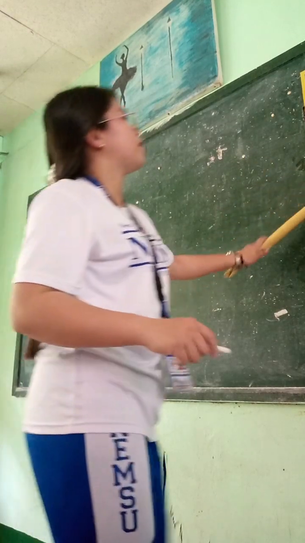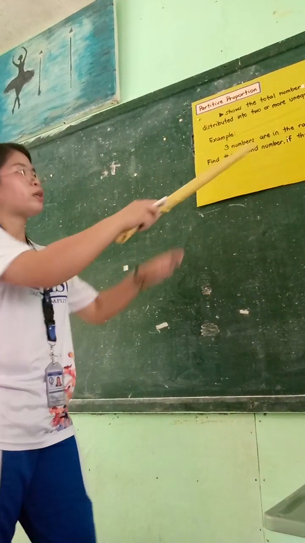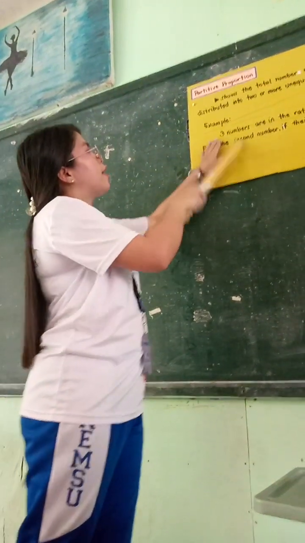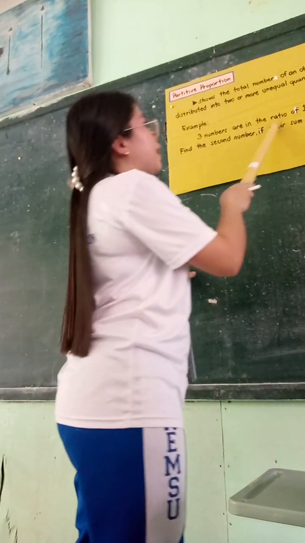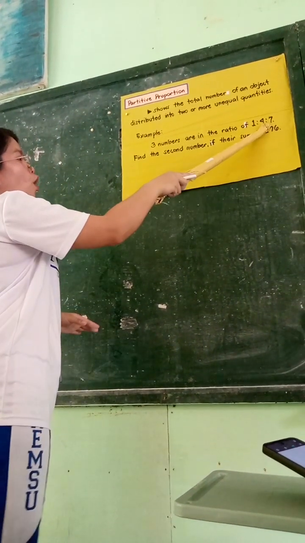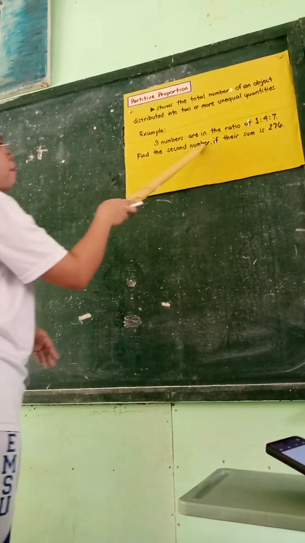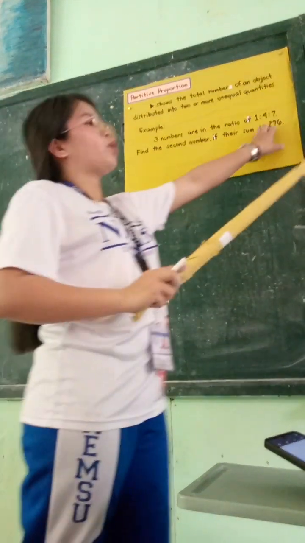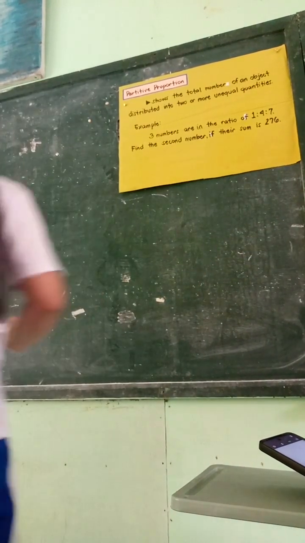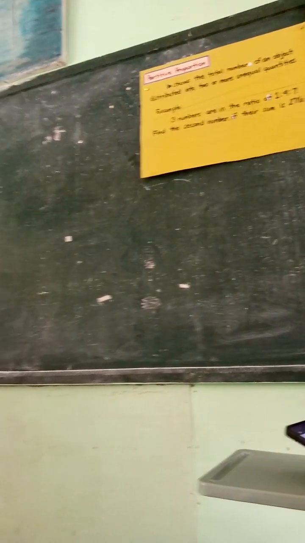Now let's have an example. Three numbers are in the ratio of 1 is to 4 is to 7. Find the second number if their sum is 276.